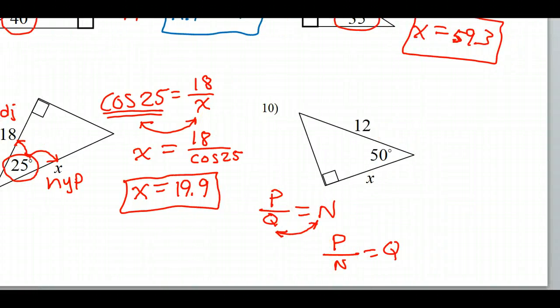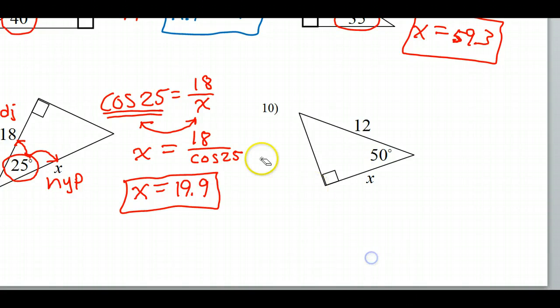All right, last problem, number 10. Let's make some space here. This time, again looking at the 50, the 12 is the hypotenuse and the x is adjacent.